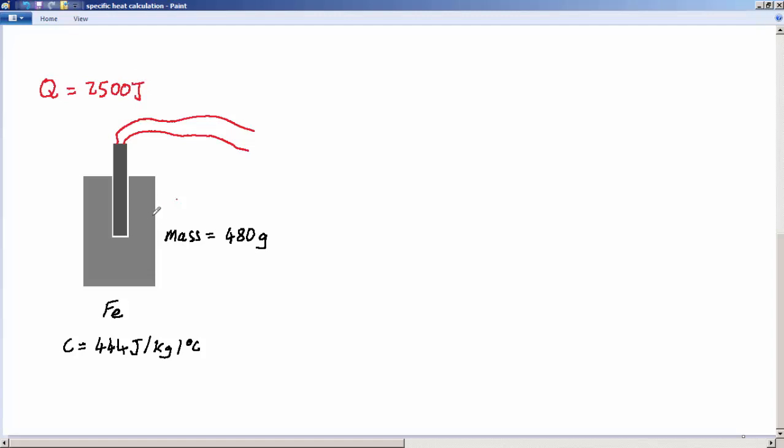to the block, and you're told that a student sets this up and wants to predict what temperature change will occur in the block. So he, or she, is going to use the formula. Again, this is the one you remember: C equals Q divided by delta T times M for mass.